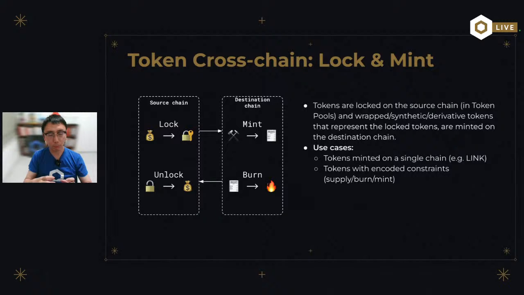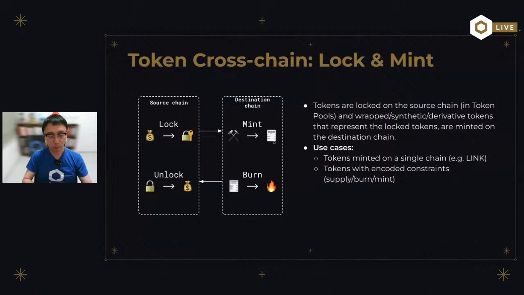It is another form of the asset, like BTC and WBTC, ETH and WETH. W means wrapped. So if you have the token deployed on the source chain and you do not have any other deployments on the destination chain or any other blockchain, you can create a wrapped asset token standard on another blockchain, lock your tokens in the source chain, and mint a wrapped token on the destination chain.